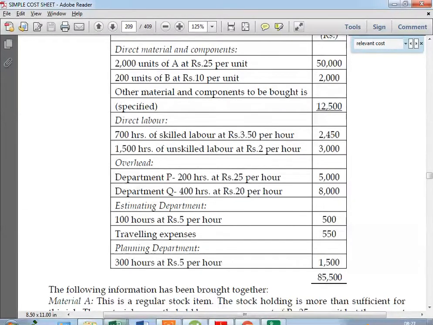Come down, right? Material B is in stock and is a slow moving item.